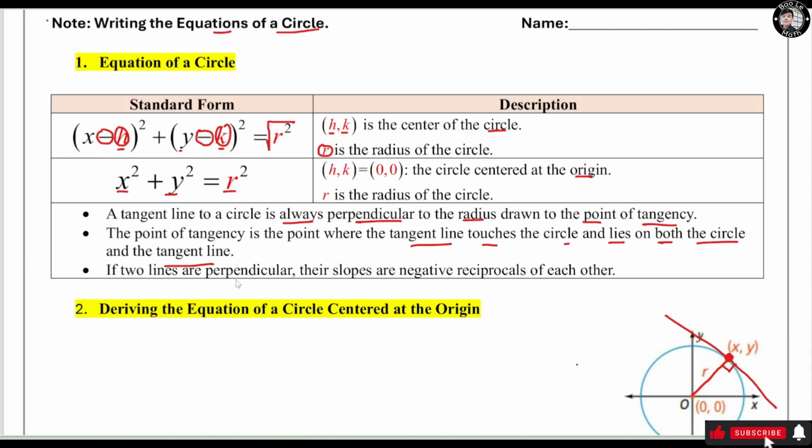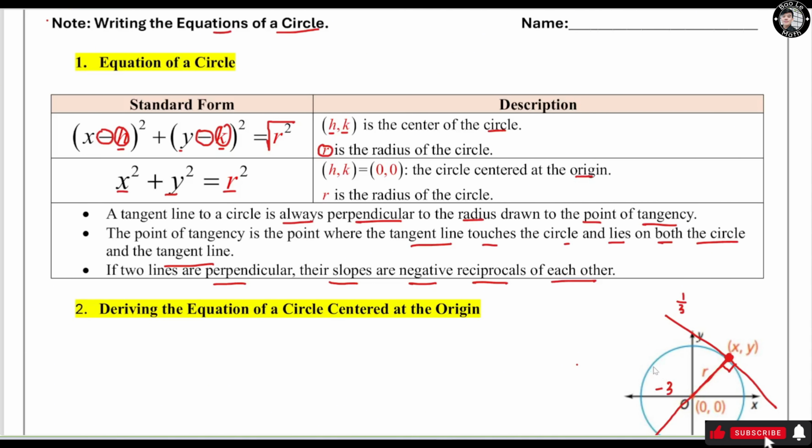If two lines are perpendicular, their slopes are negative reciprocals of each other. This one you learned in Algebra 1. So for example, if the tangent line has the slope 1/3, then the line passing through the radius right here has the slope -3, because it's the negative reciprocal of 1/3, which is -3.